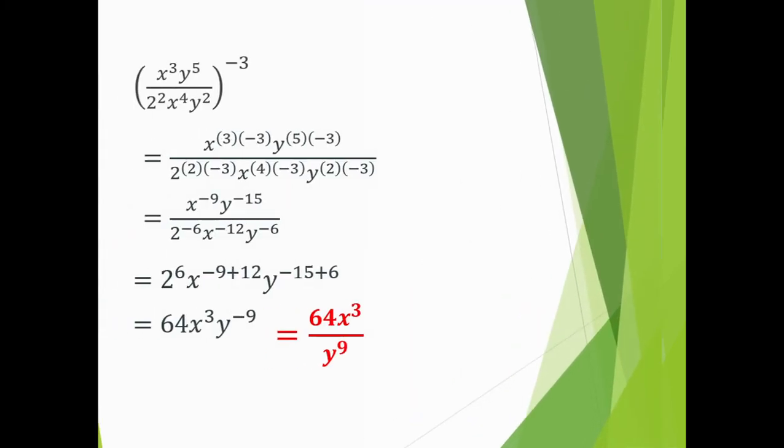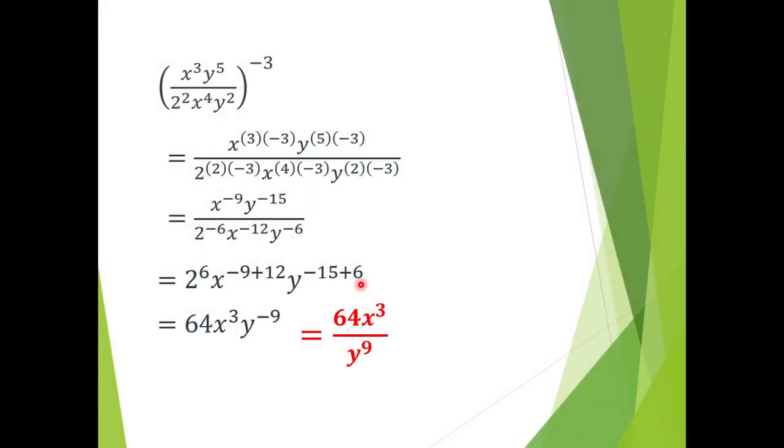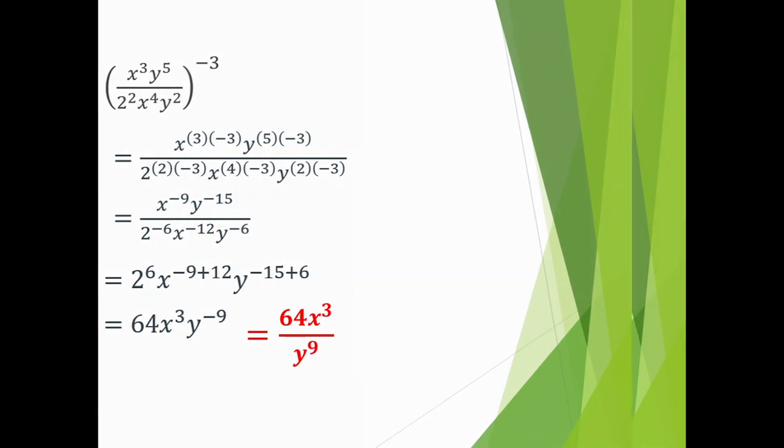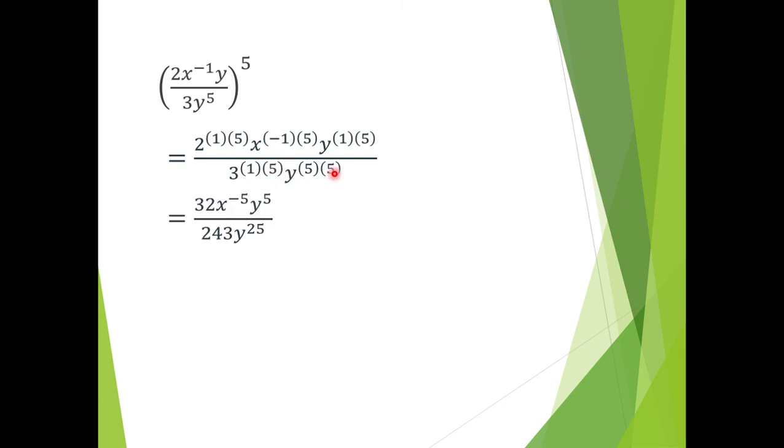So, tatandaan nyo lagi ang mga gagawin natin. Ingat kayo. Pagka nakita ng negative, ibaba nyo. Positive, okay lang yon, di ba? Pero kung negative nasa baba, itaas nyo. Parang ganon. So, 2 raised to negative 1. So, distribute ulit natin siya. 1 times 5, negative 1, 5, 1, 5, 1 and 5, 5 and 5. Ayan.